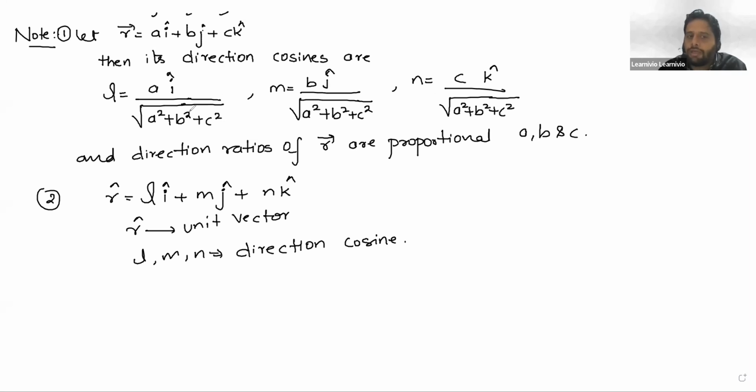Now if you find the magnitude, it will give you 1. If you square a, b, and c terms, the denominators cancel out and you get 1. So always remember, a vector formed with direction cosines will always be a unit vector.